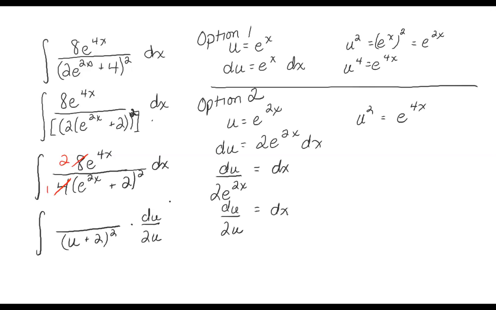And finally, e to the 4x, so there was a 2 there. e to the 4x is u squared. And I can cancel the 2's and one of the u's. So now I have u over u plus 2 squared du.